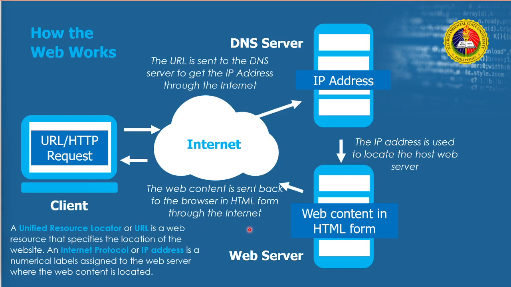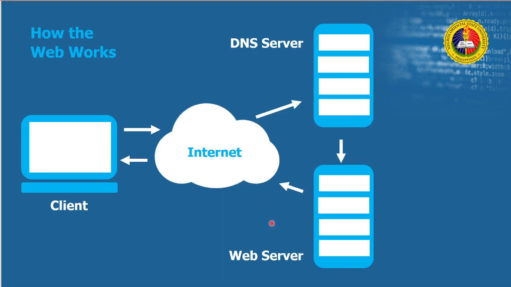However, what we didn't know is that in the web server there are some things being processed before the web content is converted to HTML and sent to the client. And that is exactly what the backend is all about.